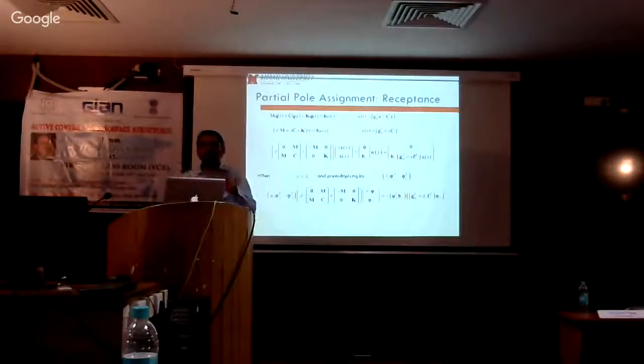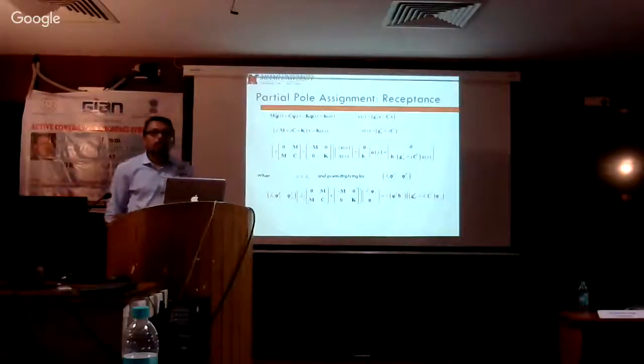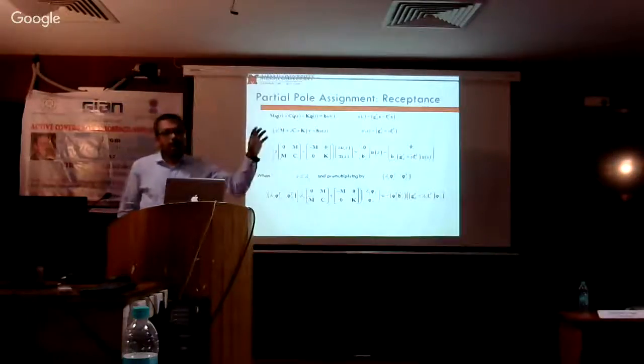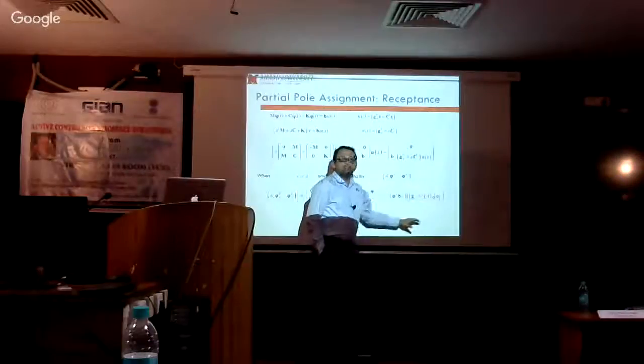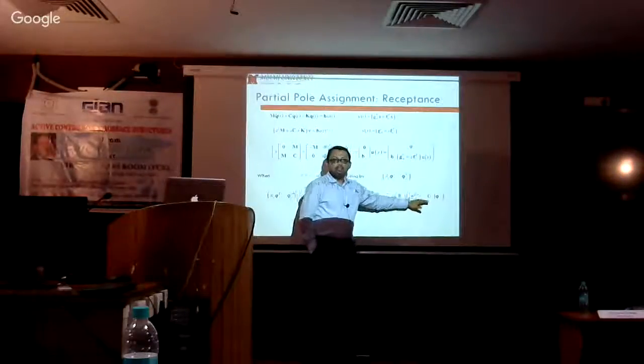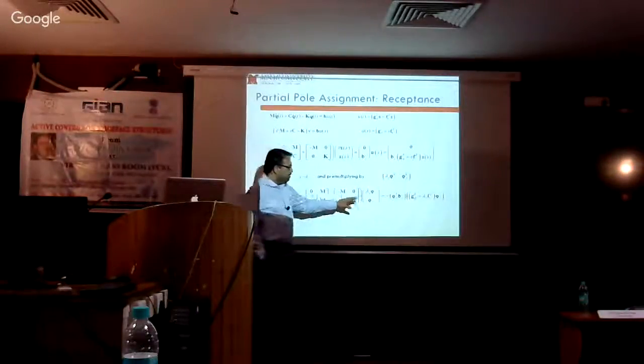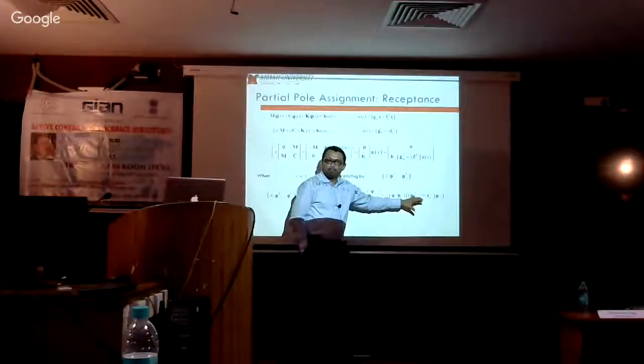Now, what does this mean? In your control, if you want the control system to have the lambda of the open loop system, then this term must go to 0. Yes? This term has the controller term.